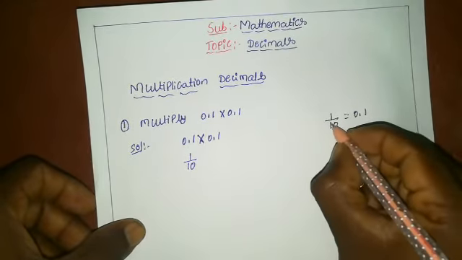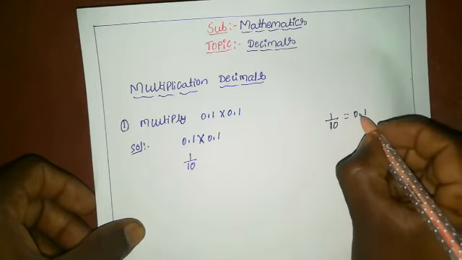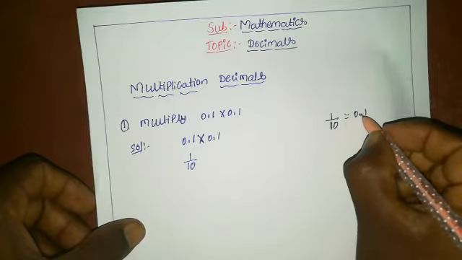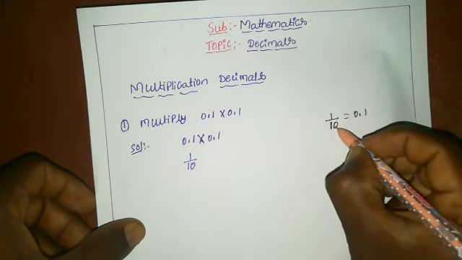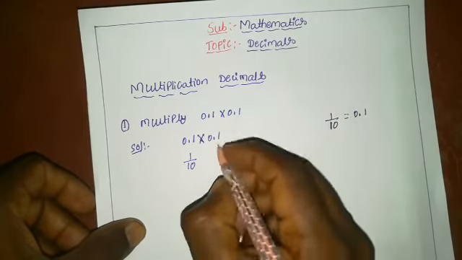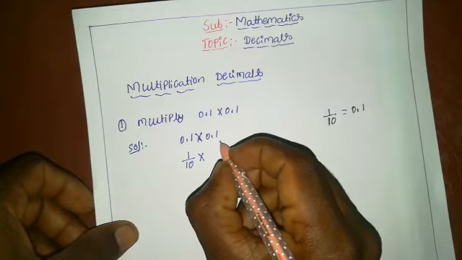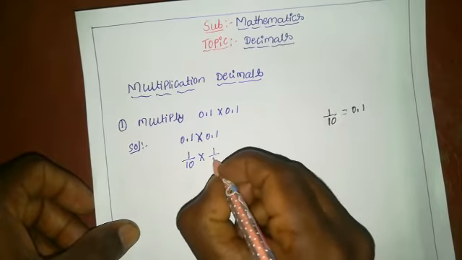In the denominator we have a 1 and a 0, so we put the point after one digit. So we can write it as 1 by 10, into again 0.1, which is again 1 by 10.